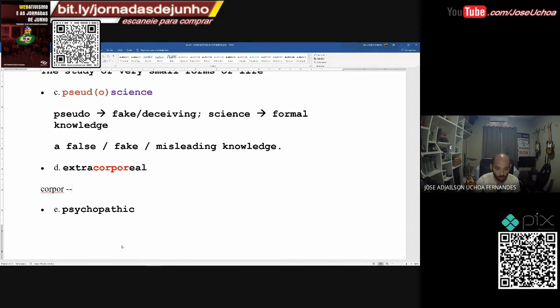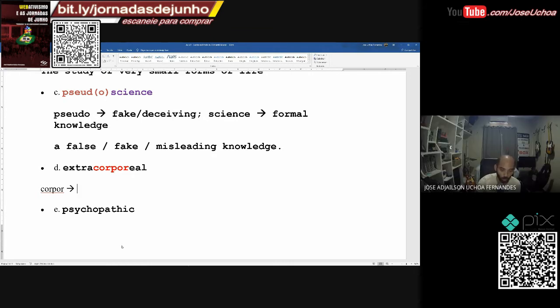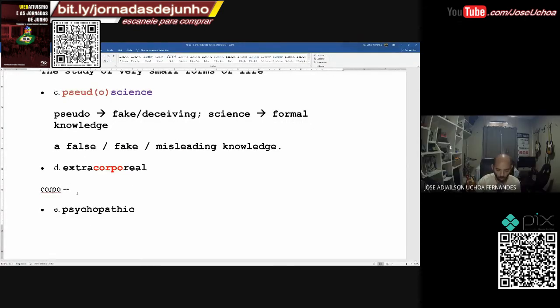I'm not saying it's the final solution, okay? I'm just trying to build a hypothesis. What would be the meaning of corpor? I guess it's not corpor with the R, but just corpo. Corpo. Yes. Real, I guess, would be a suffix like in memorial. Okay.